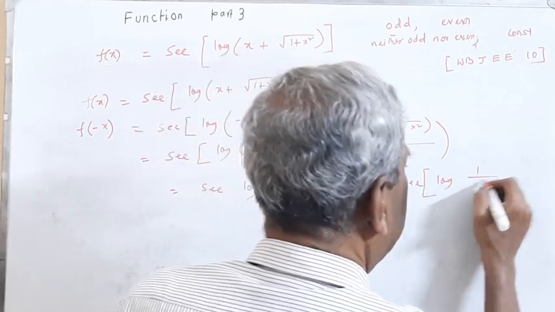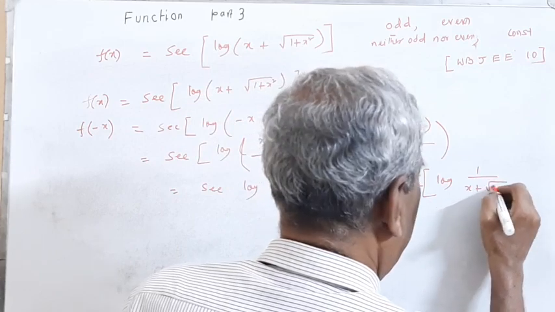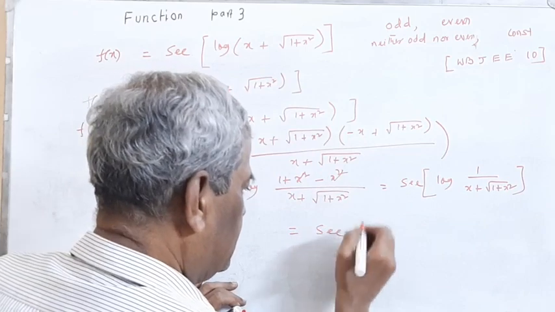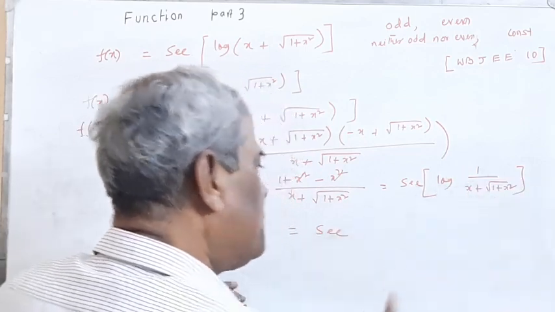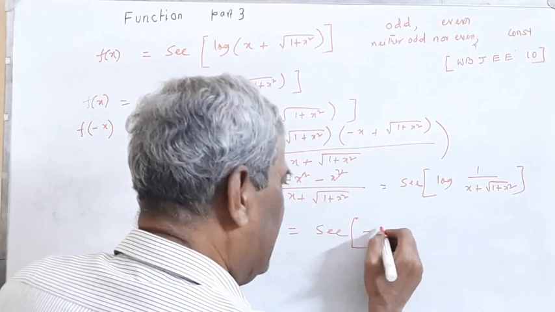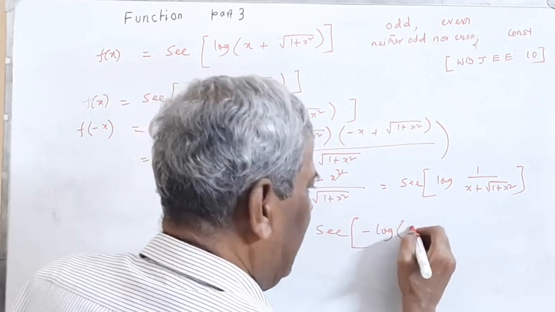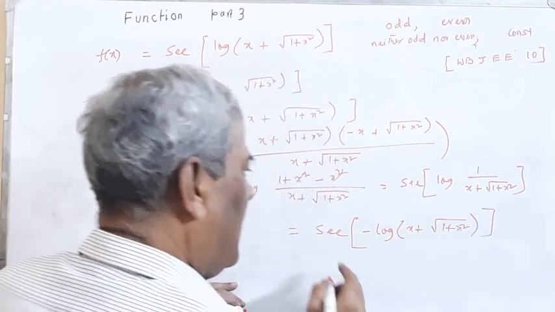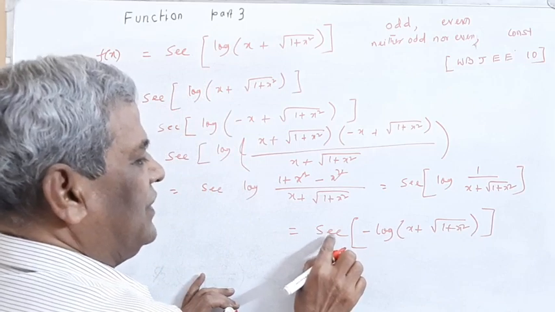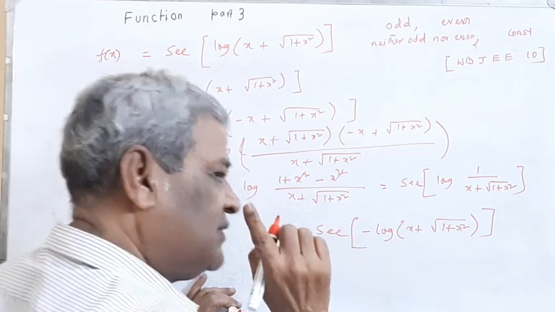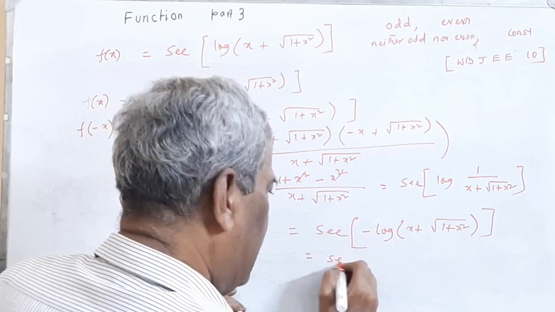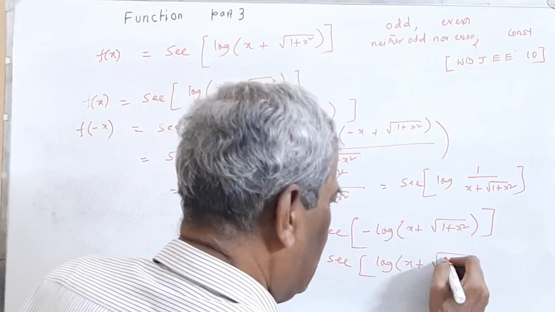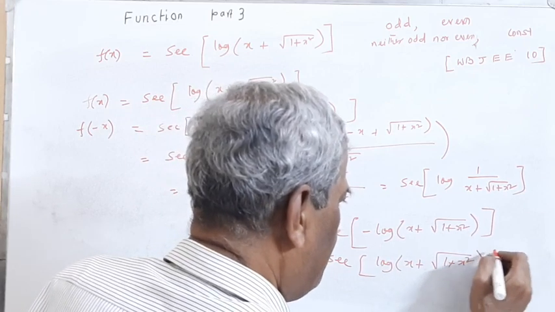So that it is sec of log of 1 by that. It is equal to sec of log of 1 by x, meaning minus log of x plus root over 1 plus x square. But because it is a sec function, sec of minus theta is sec theta, so that it is equal to sec of log of x plus root over 1 plus x square.